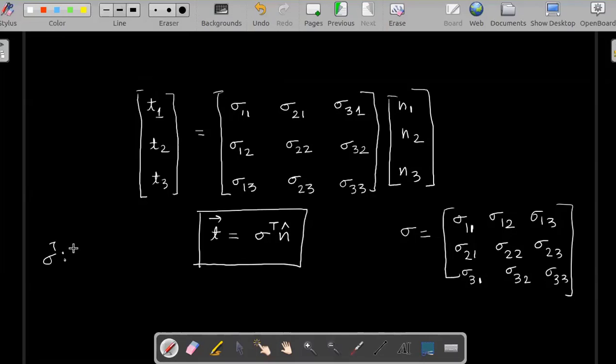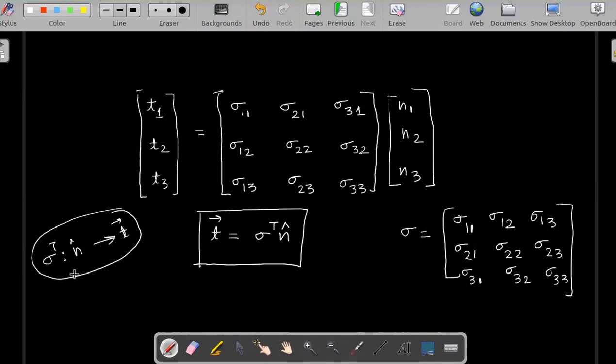You give the normal vector as input and you get the traction vector as output. So this sigma transpose linearly maps the normal vector to a traction vector.